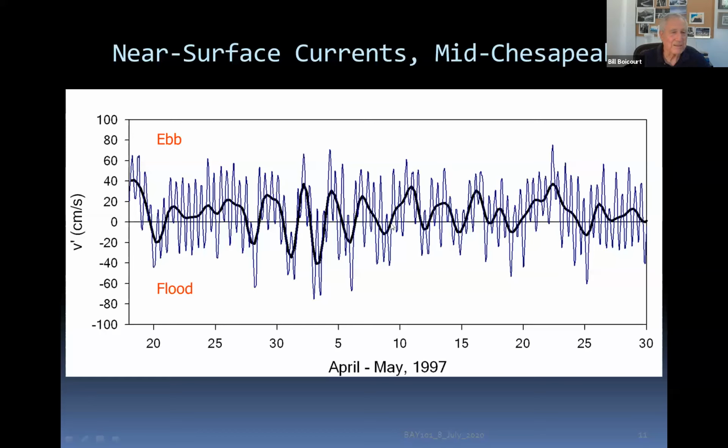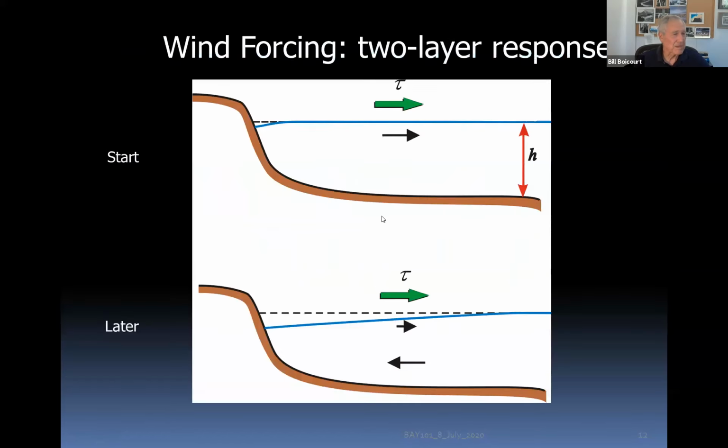Let's look at the actual behavior of a wind driving the Chesapeake Bay. Here's a cartoon with 2 panels. The upper panel is the beginning of applying a wind stress, or wind, down the axis of Chesapeake Bay, and the lower panel is sometime later. Let's focus on the upper one. The green arrow is the wind blowing down the bay.